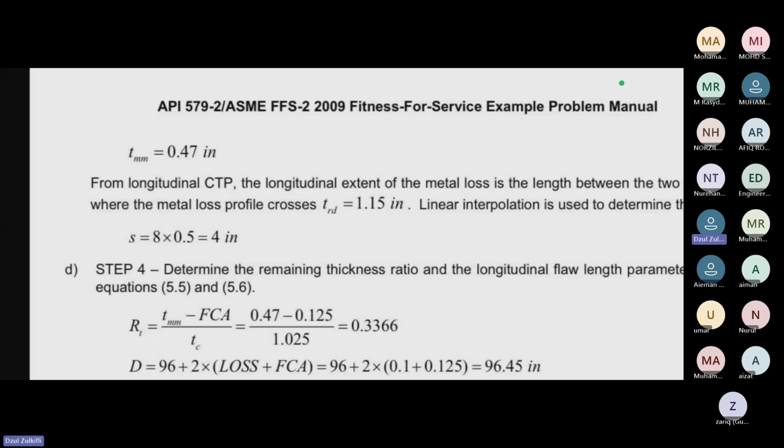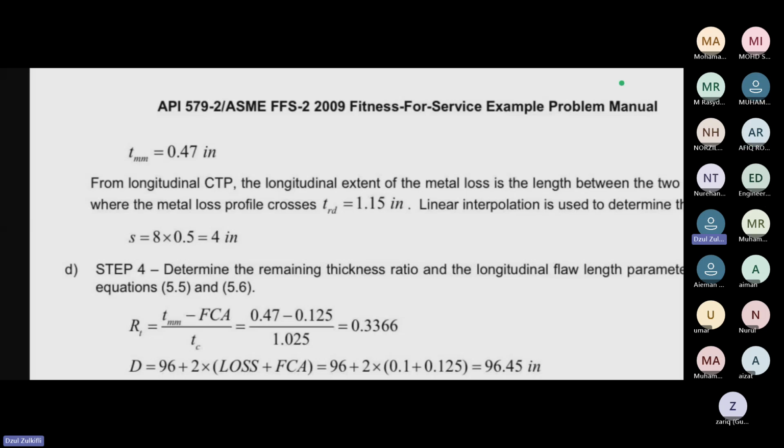I'll wait for 1 more minute and if tak ada, I will just reveal the answer. Kalau anyone answer in the chat, please let me know.